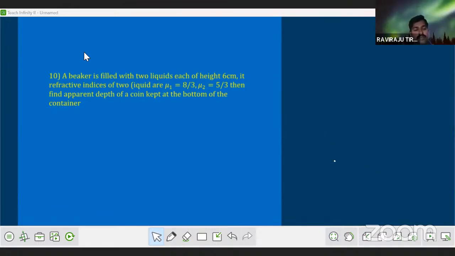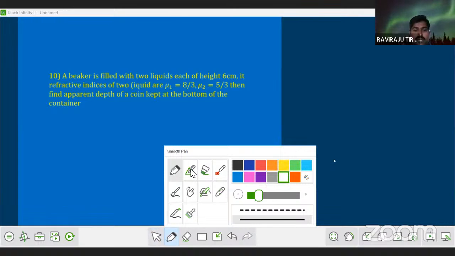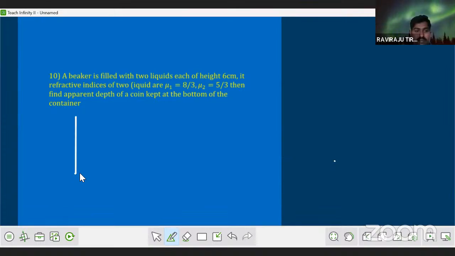Have you read the question? A beaker is filled with 2 liquids each of height 6 centimeters. So I will draw here the simple diagram. It was filled with 2 liquids, each having some thickness or height of 6 centimeters.